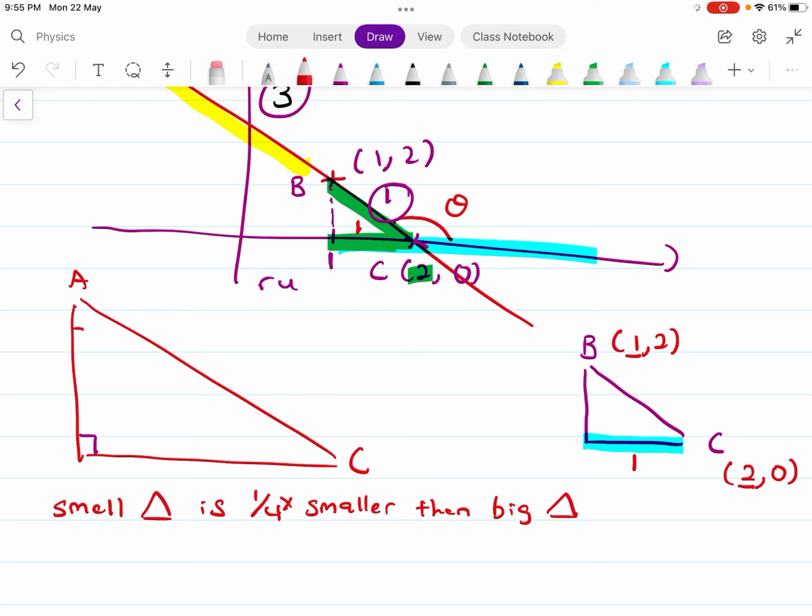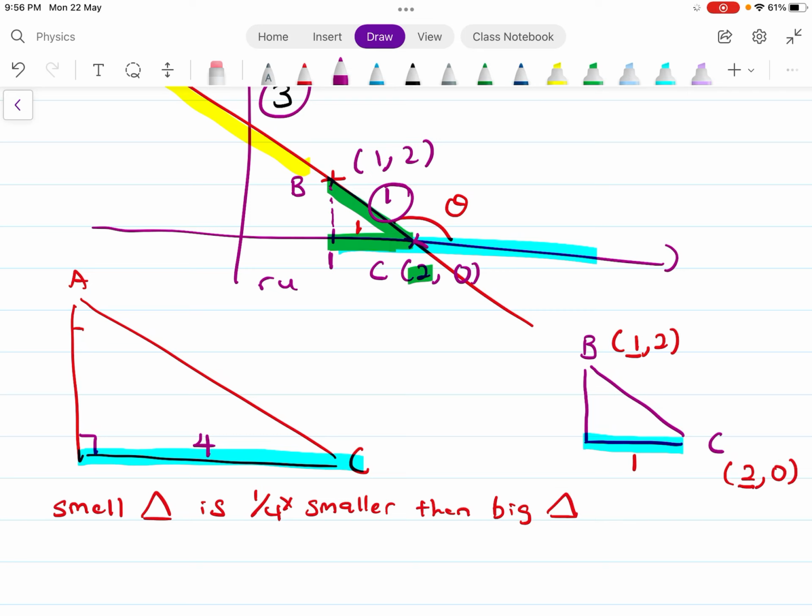Since I know the horizontal length of the small triangle is 1, what about the horizontal length of the big triangle? That's where the scale factor comes in. Since the small triangle is 1/4 times the big triangle, the big triangle has a horizontal length of 1 times 4, which is 4.